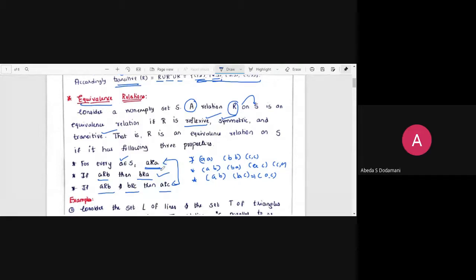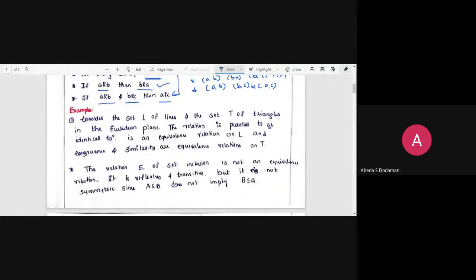Okay. So let's see some examples. Consider the set L of lines and the set T of triangles in the Euclidean plane. I am talking about the Euclidean plane. The relation is parallel to or identical to.